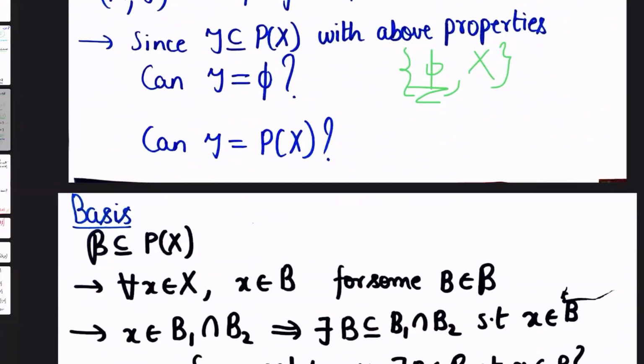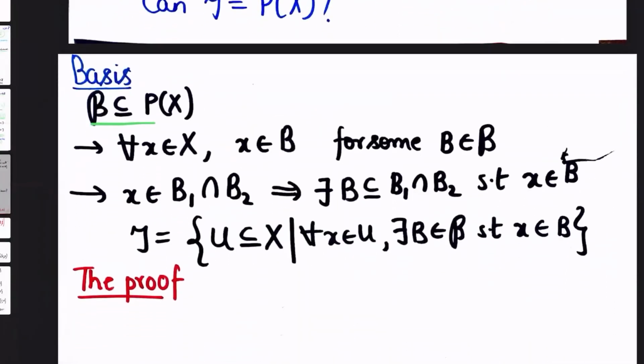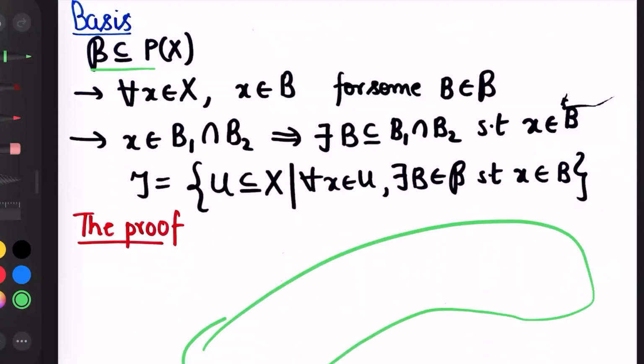It is some special collection such that given any member of the set, you can cover it by some basis element. If you try to draw a picture, this is the space, and you have some point X. Given any point X in this space, you should be able to cover it with some basis element B. That is the first property.